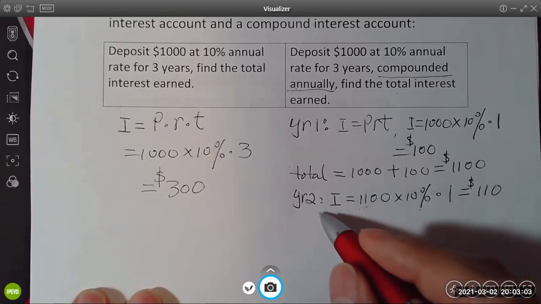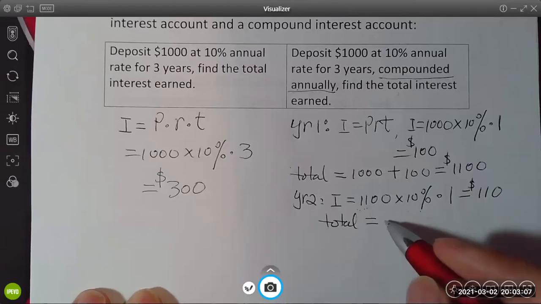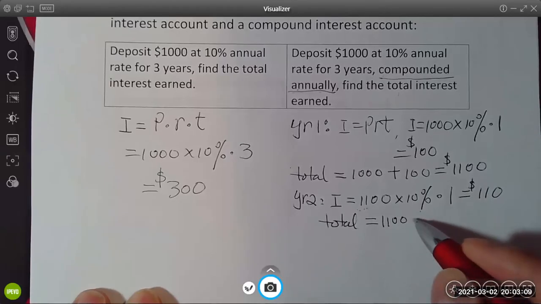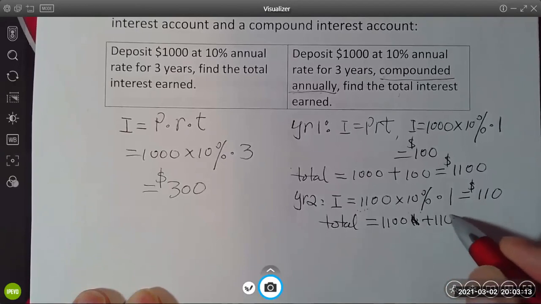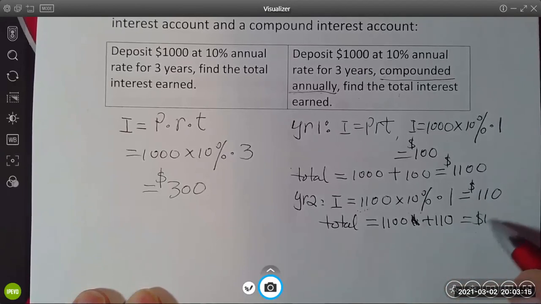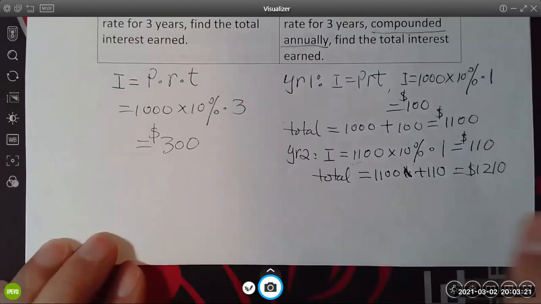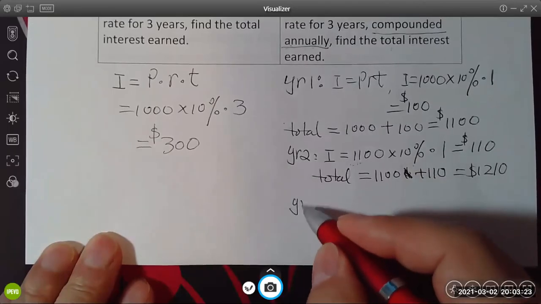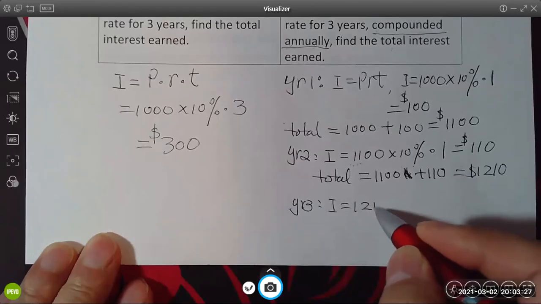At the end of year 2, the total account value equals the initial value at the beginning of year 2 plus interest earned. This will be $1,210. So let's continue to do the calculation for the third year. So year 3, we start with 1,210.